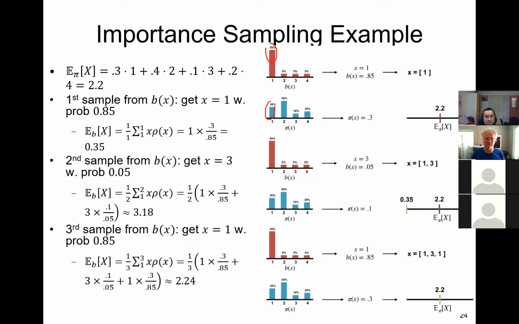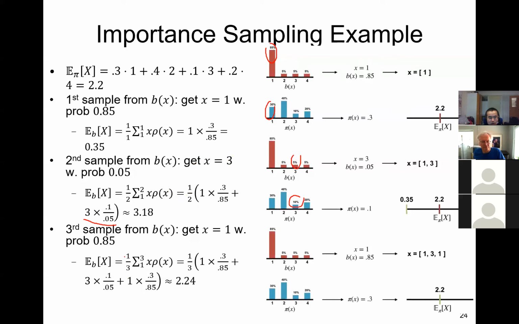That's rho. For the second sample, you get 3 with probability 0.05. Then you add one more term of 3 times 0.1 divided by 0.05.